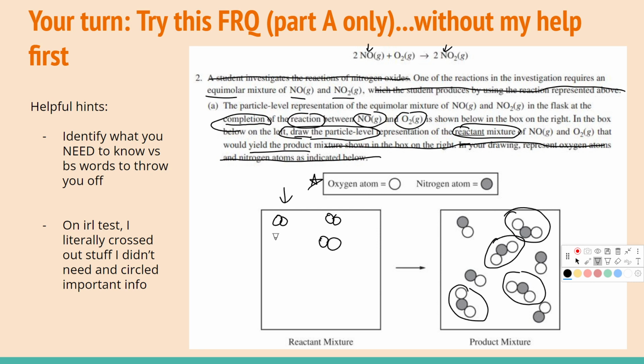The reason is because these guys weren't used in order to make these NO2s. They were just chilling in the original mixture, and so they don't actually end up mixing with the O2s that were originally there. So that's why I am drawing it from here to here, just because I know that those ones didn't react.